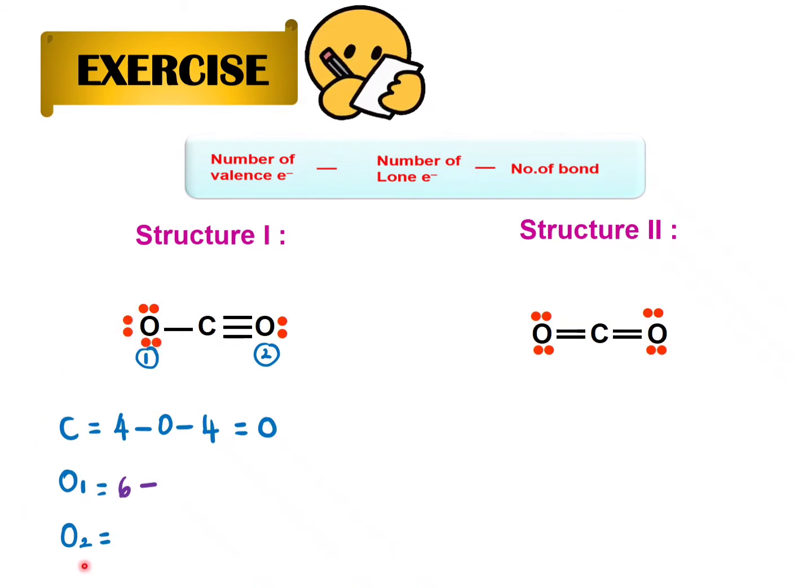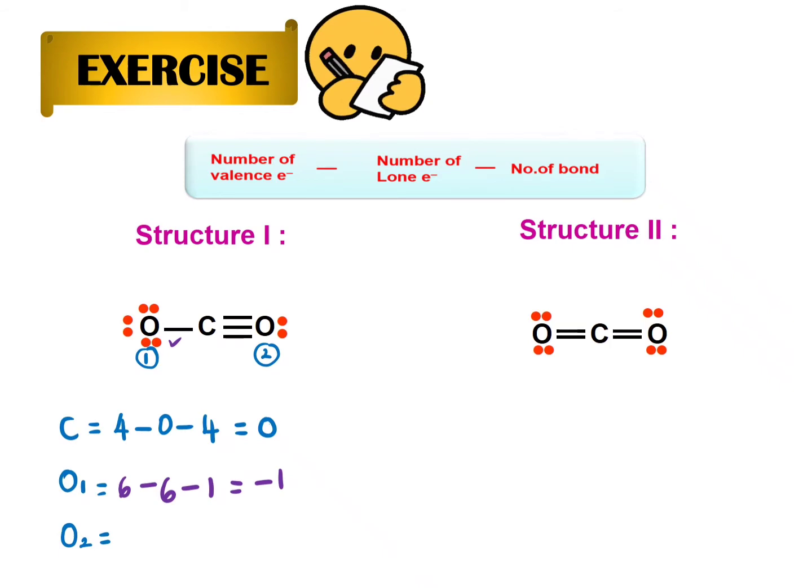So subtract 6 electrons. Minus the number of bonds. How many bonds does the first oxygen have? Only 1. Subtract 1. So you will get negative 1 for the first oxygen's formal charge.